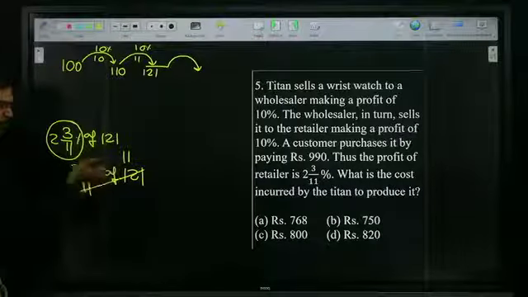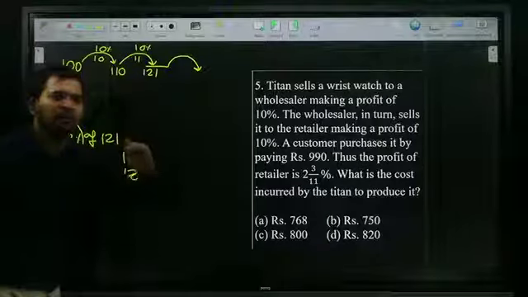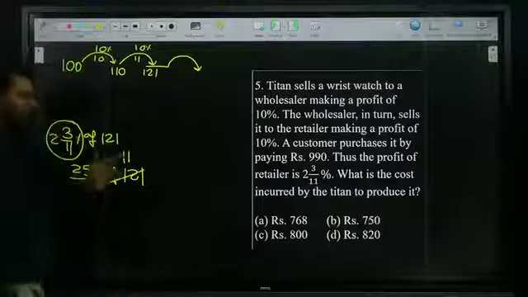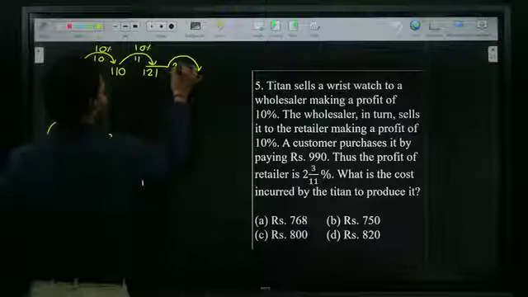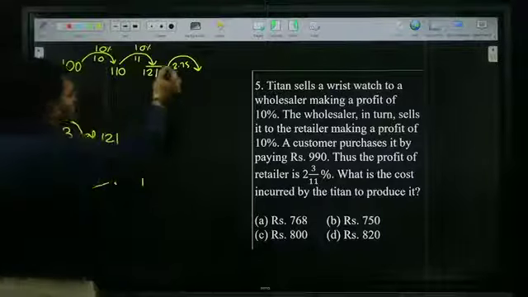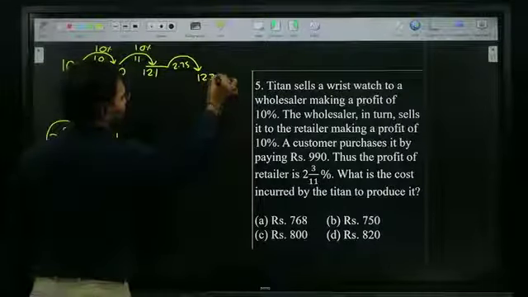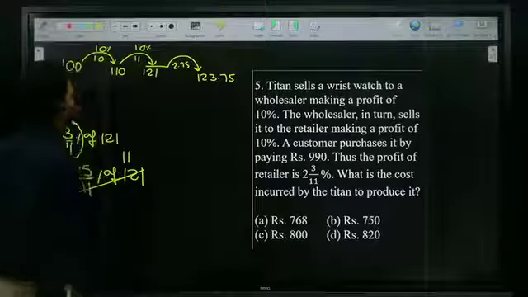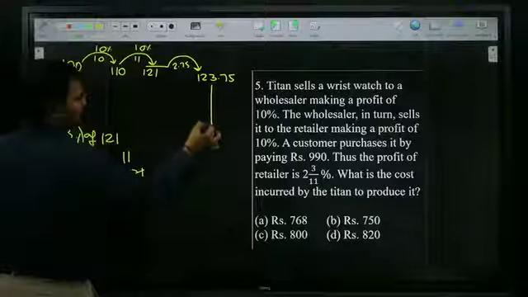Now 25 percentage of 11 is nothing but half of half. Half of 11 is 5.5. Half again is 2.75. So 2.75 plus 121 is 123.75. So according to 100, that is 123.75.